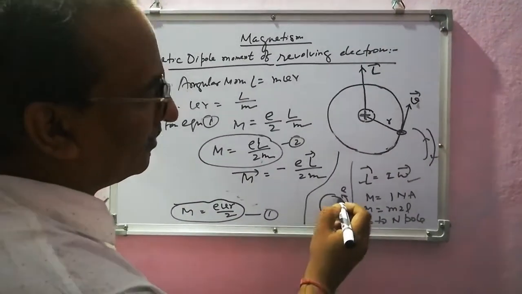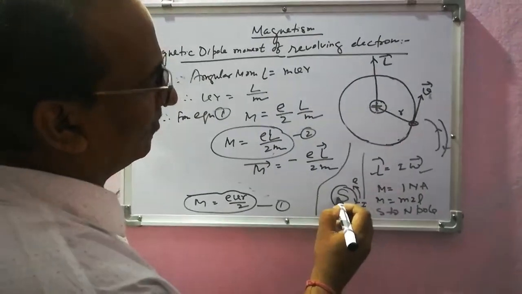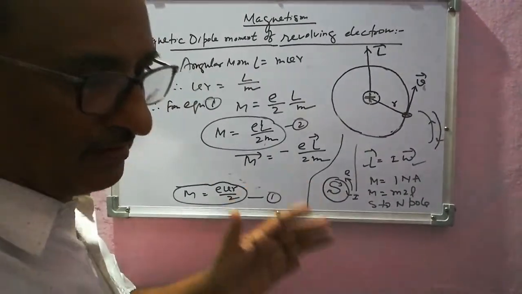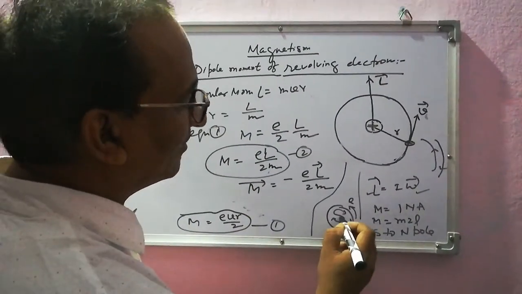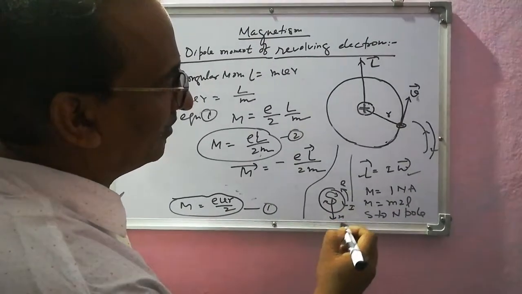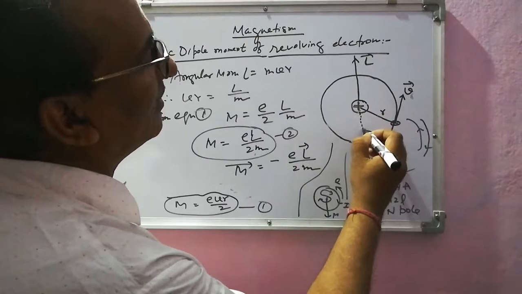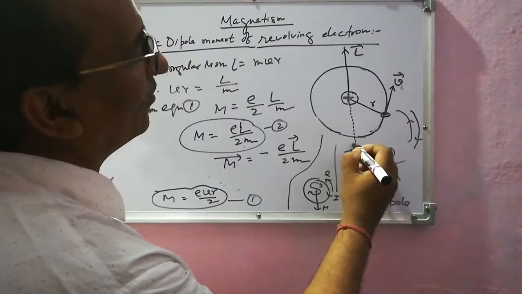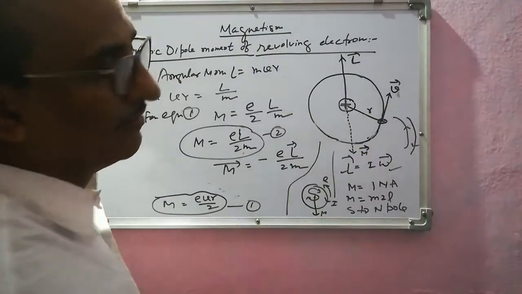So this face becomes like a south pole, and the opposite face on the other side will become a north pole. So the direction of the dipole moment is from south to north, in this direction. So it is clear that the direction of the magnetic dipole moment is along this direction.